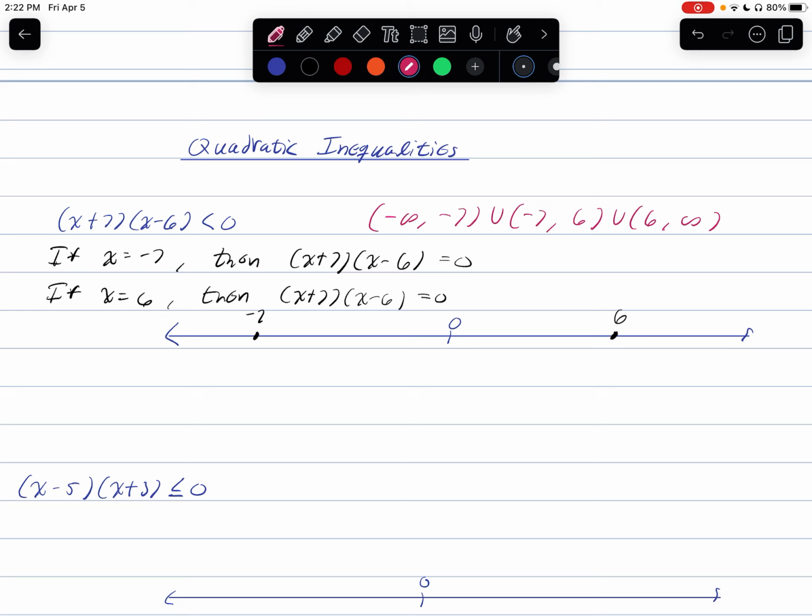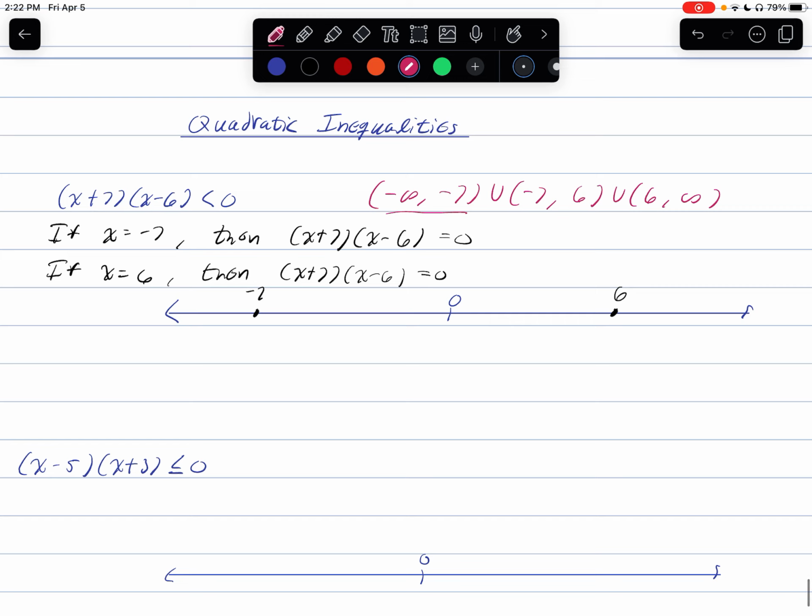So for the interval from negative infinity to -7, if we plug in a number less than -7, let's write this down here.